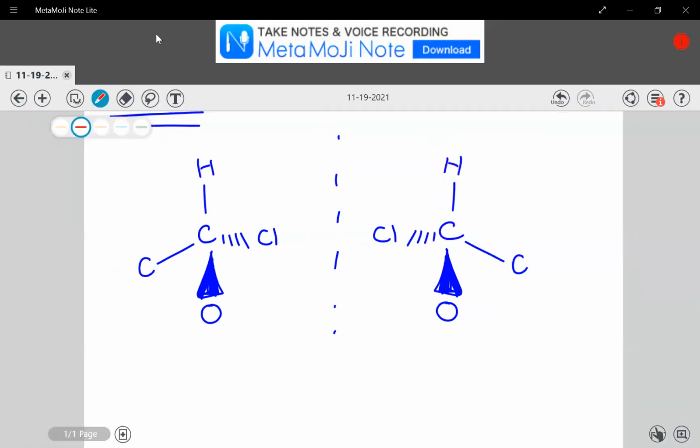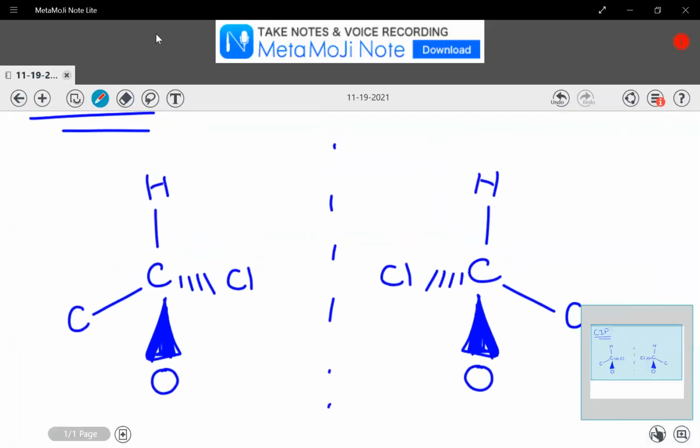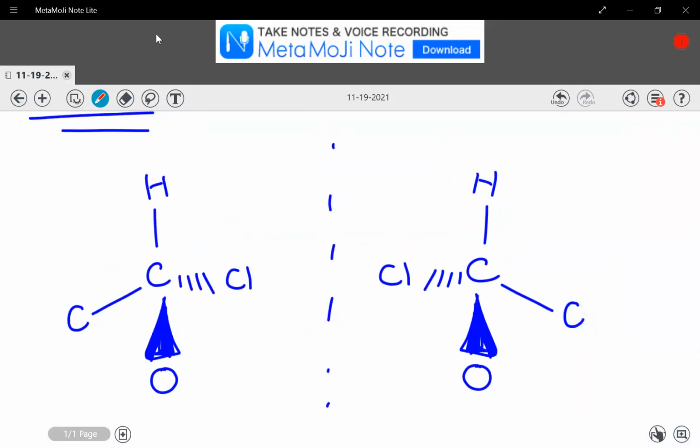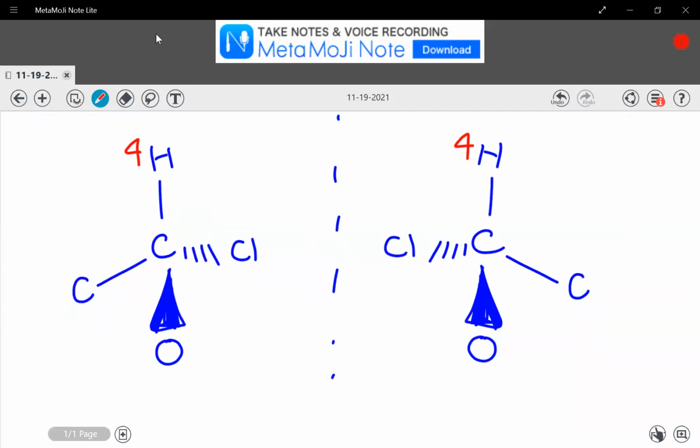Okay. All right. Let's start numbering what we've got. We can do this in red. Okay. So the lightest atom we have here is a hydrogen. This is a 4, and that is a 4. The heaviest one we have is a chlorine. 1, 1. So I guess you can think of this as pretty much fat shaming the molecules or atoms.